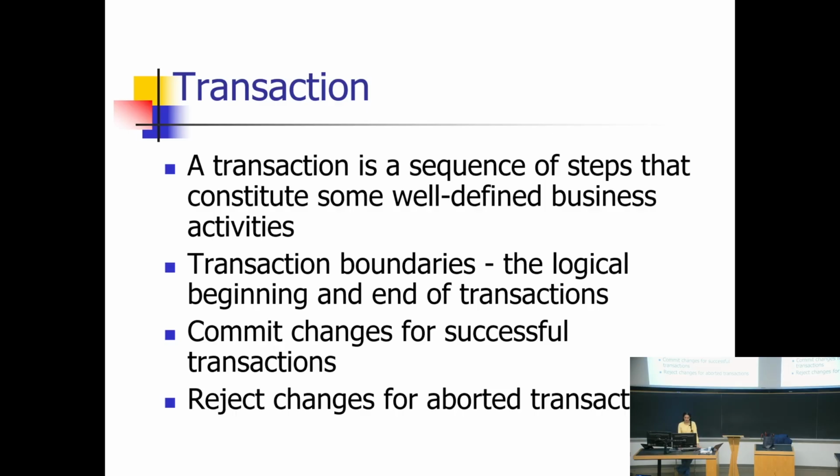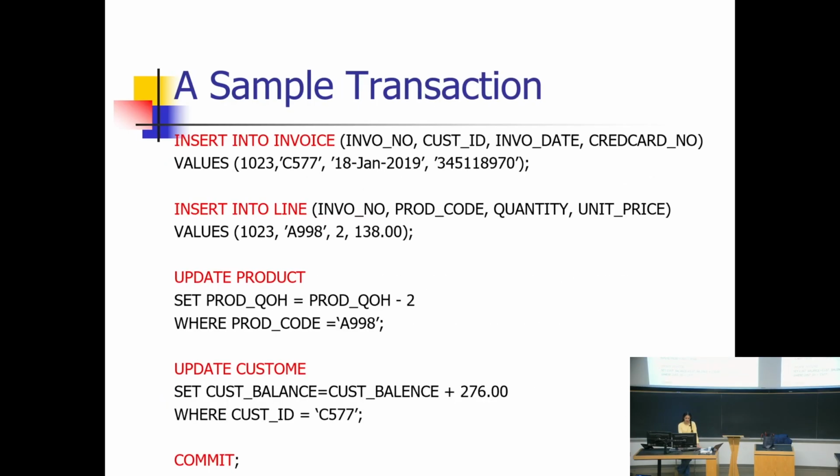actions in between. So we also had a sample transaction where, for example, we first inserted into the invoice, and the line table is similar to what you had with order line. So this is the same. It's just to specify what was purchased and how much we purchased and at what price. And then updating the product table, the product quantity, because when we purchase something, we reduce the inventory, right?